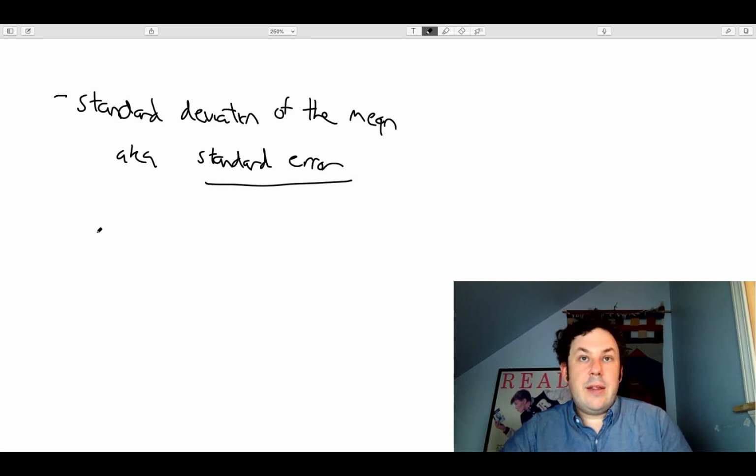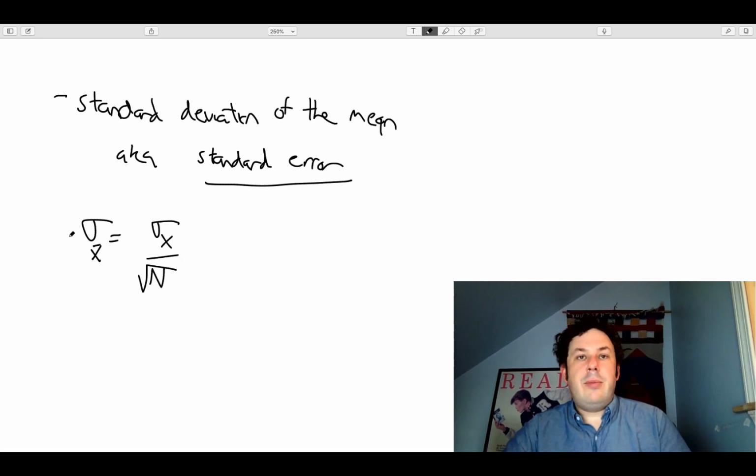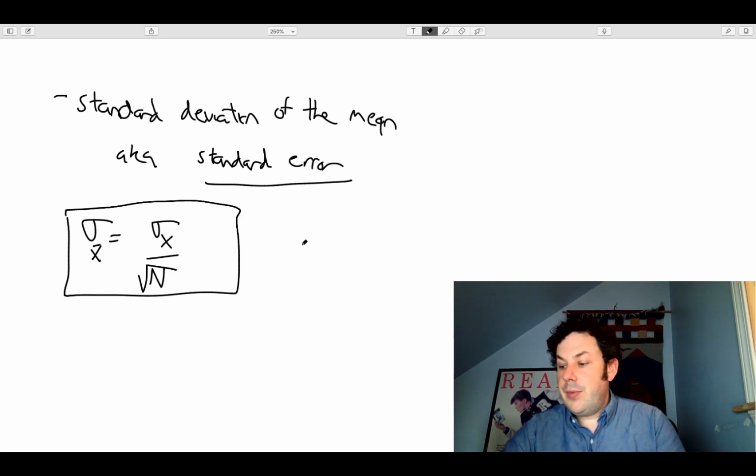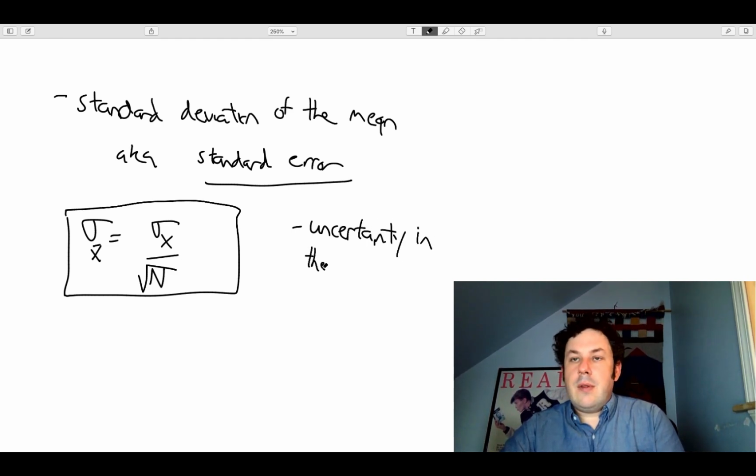And so what that is, sigma x bar, if the other one was sigma x, equals sigma x divided by just the square root of the number of data points you took. And that's the standard deviation of the mean. And this is the uncertainty in the average.